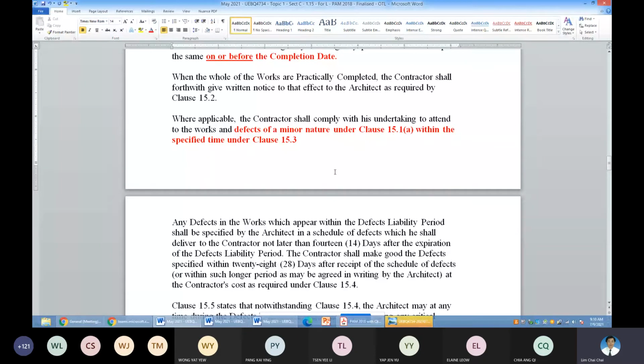If you don't get it done, then clause 15.3 A, B, C will be operational. I hope you understand clause 15.3 A, B, C. A, to give you more time. B, engage other parties to get it done and charge it to you. And C, okay, leave it as it is. And then the cost reduction will be introduced by the architect or the QS on behalf of the employer.